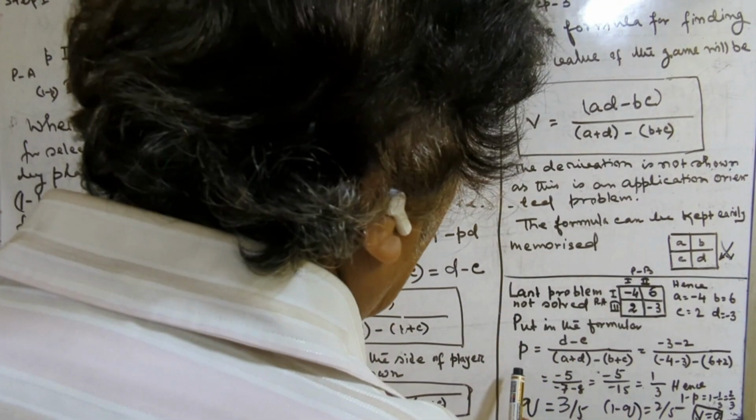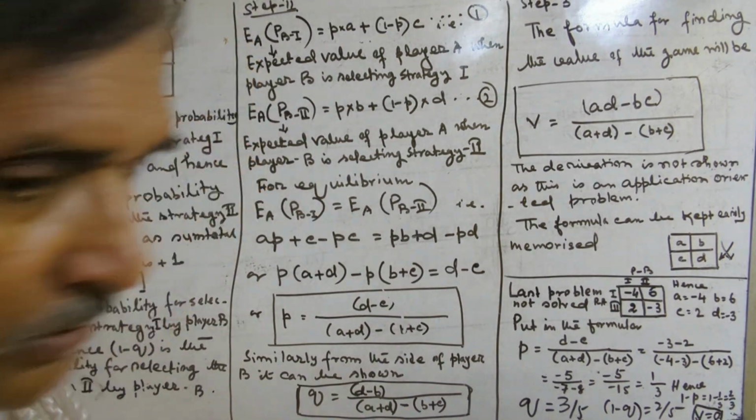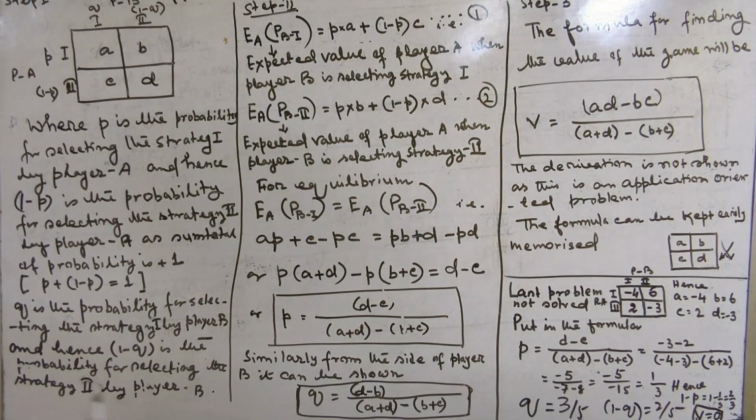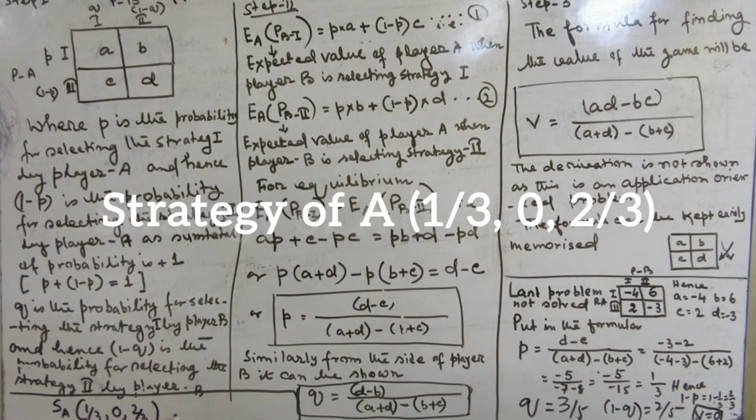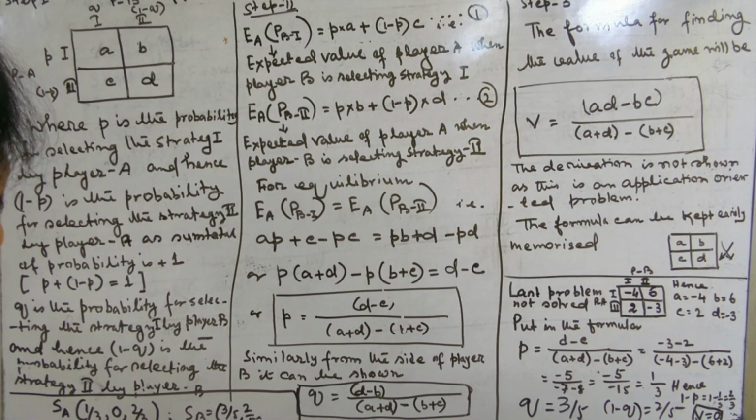Then your strategy will be, if you note it down, I'm writing the answer here due to shortage of space. The strategy for player A will be 1 by 3 for strategy 1, 0 for strategy 2, and 2 by 3 for strategy 3. And the strategy for B will be 3 by 5, 2 by 5, and 0.